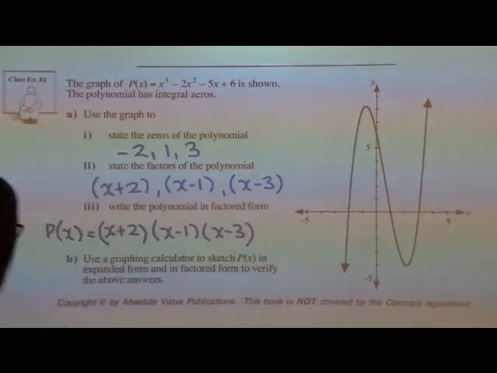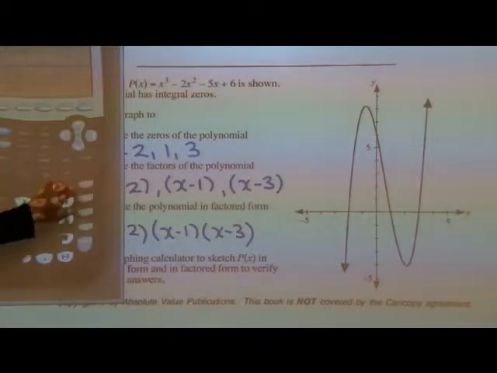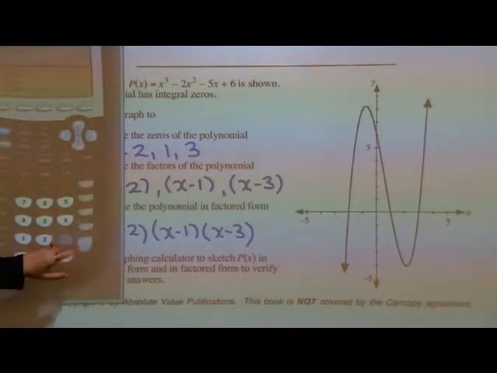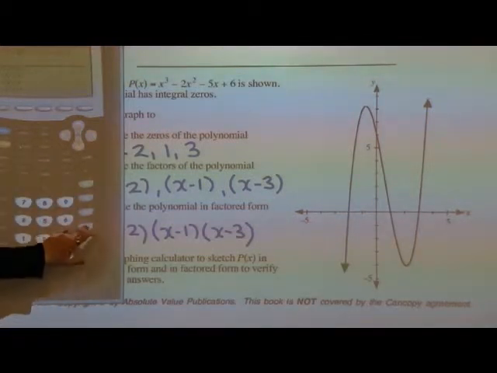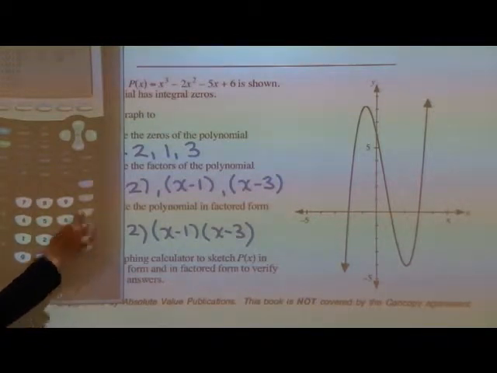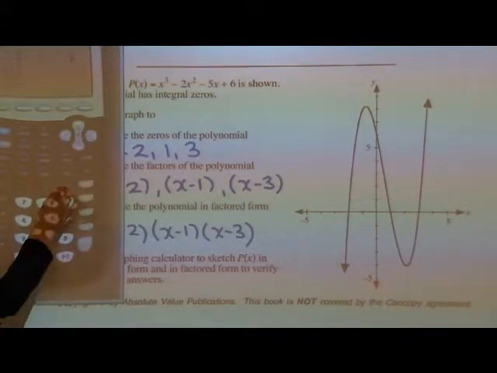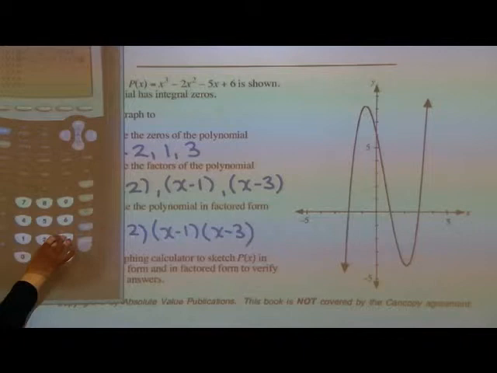So if I took out my calculator and typed this in, so y equals x to the power of 3 minus 2x squared minus 5x plus 6, and then if I put in my 3 factors, x plus 2 times x minus 1 times x minus 3.